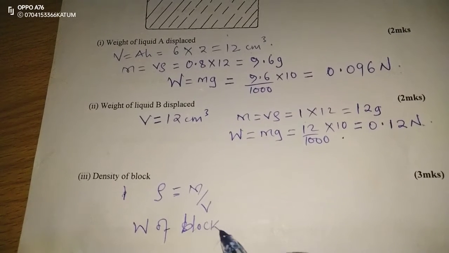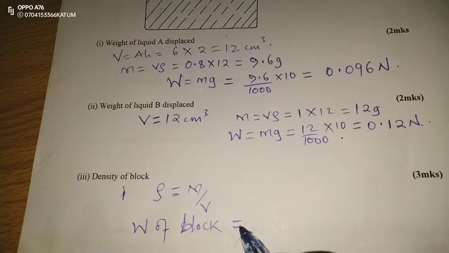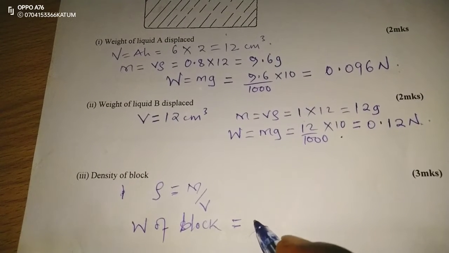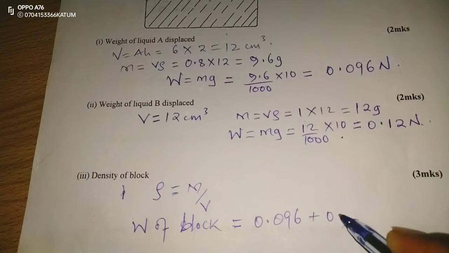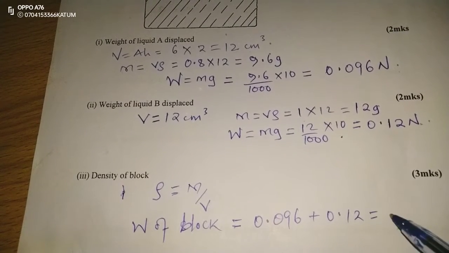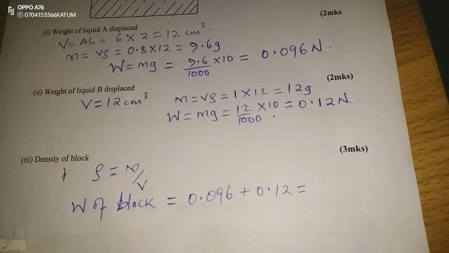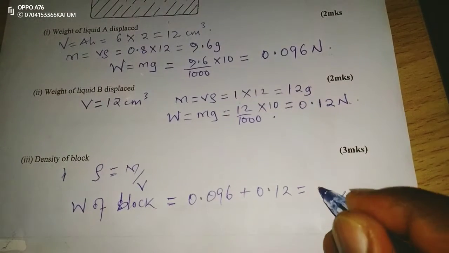According to the law of flotation, which we've just stated, a floating object displaces its own weight. Therefore, its own weight is going to be 0.096 plus 0.12. It has to displace liquids whose weight is equal to its own weight.